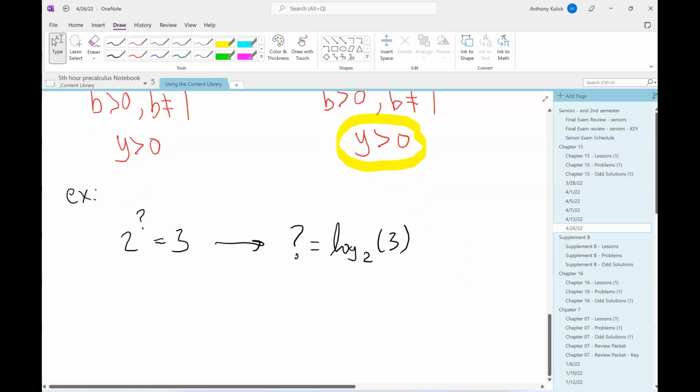Okay. Now there were a couple of important observations that we made about logarithms.